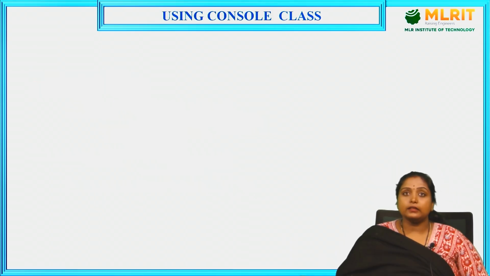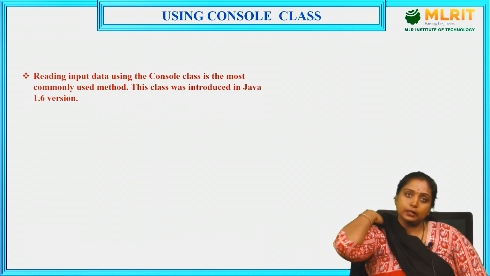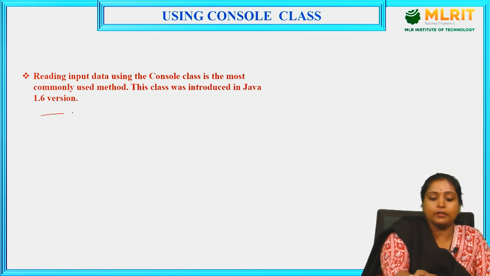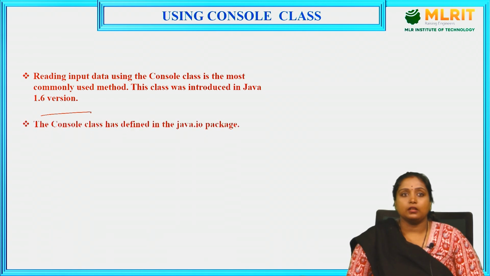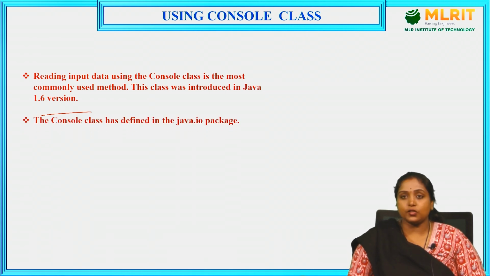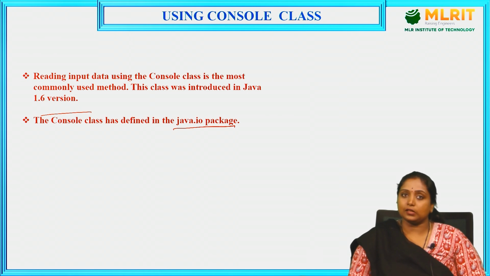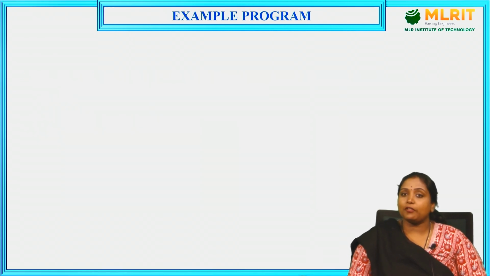And the third method is using the Console class. Reading input data using the Console class is also commonly used, and this was introduced in Java 1.6 version. This Console class is defined in the java.io package. In order to use this Console class, you have to import the java.io package.